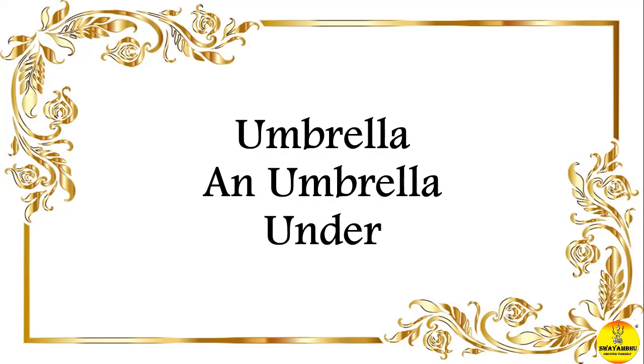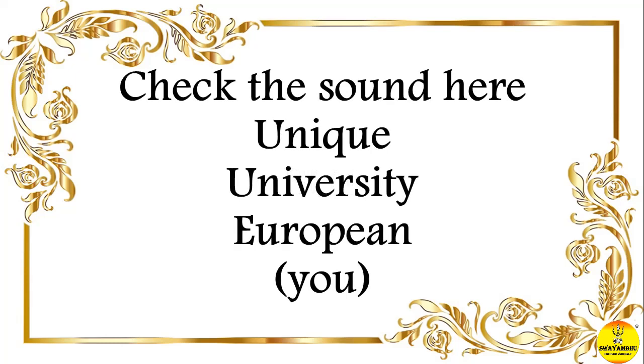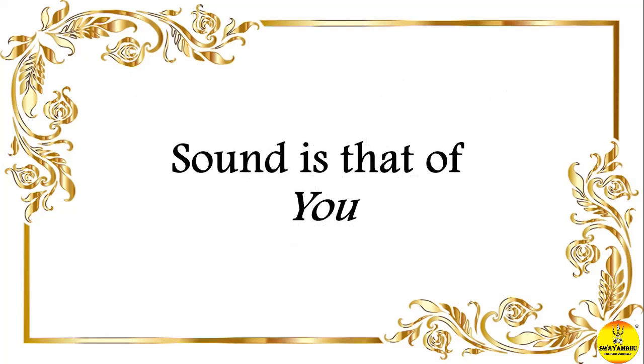When you take up the sound of U, you can understand it is O, umbrella, under. But look at the sound here. Unique, university, European. The sound that we get here is Y, yo, you, young, year.